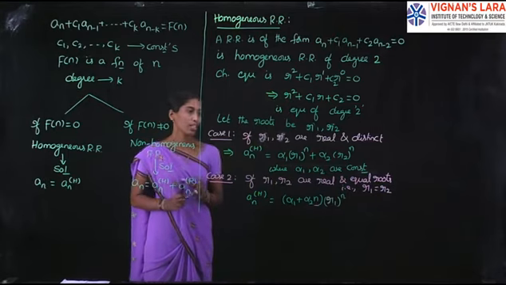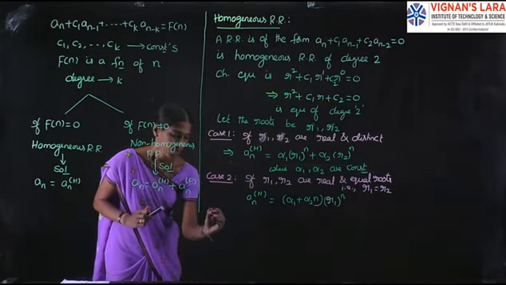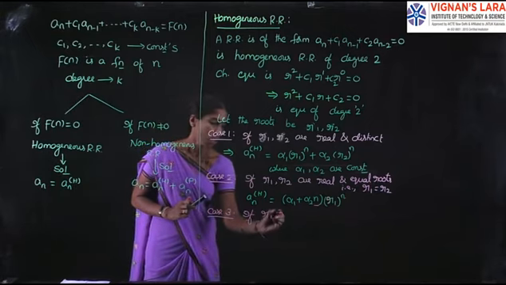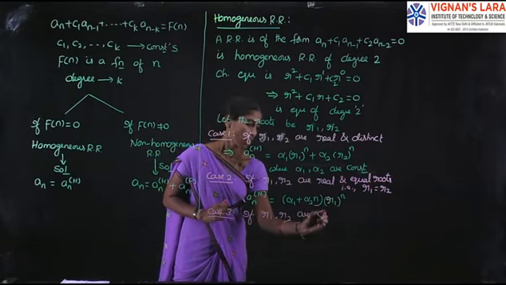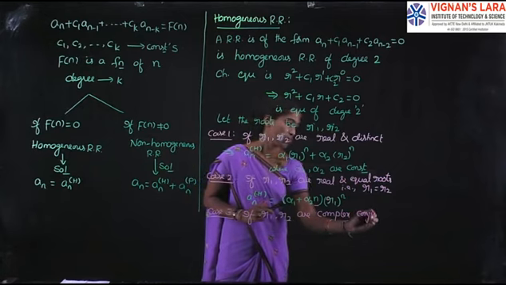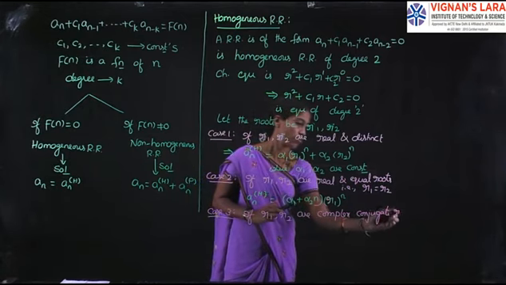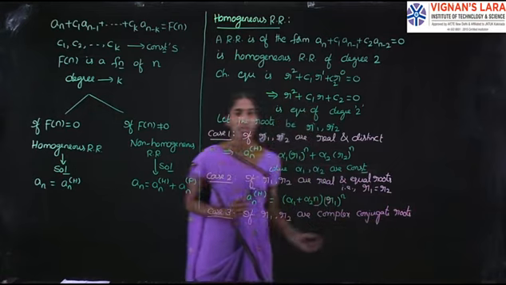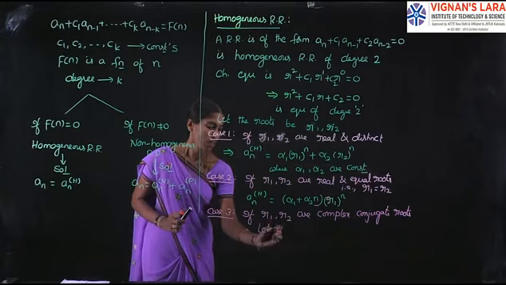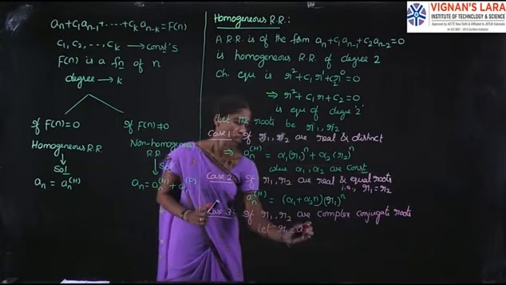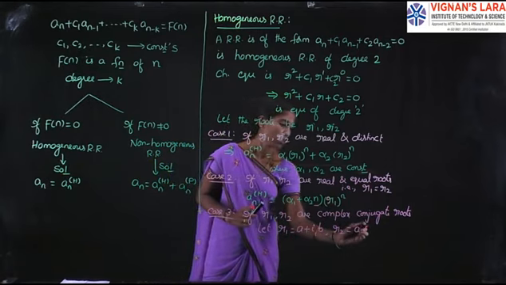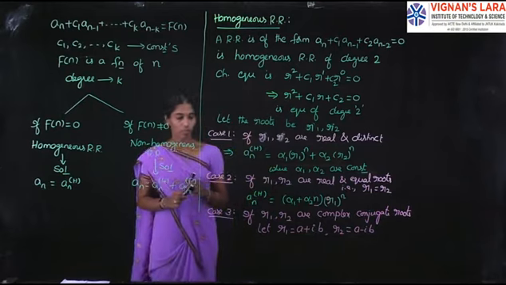Now we discuss case 3: if r1, r2 are complex conjugate roots. What is the meaning of complex conjugate roots? Both are conjugate pairs. Let r1 is equal to a plus ib, r2 is equal to a minus ib, right?